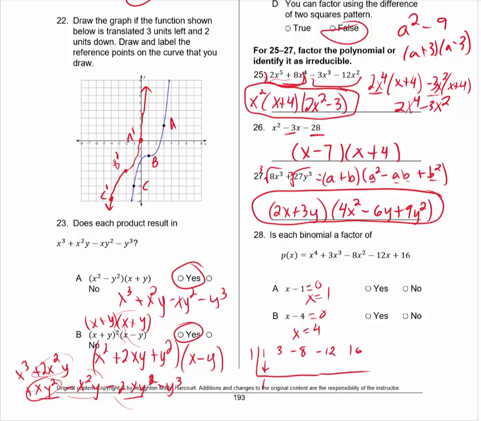So drop the 1, multiply, add, multiply, add, multiply, add, multiply. This one does work because I get 0 for my remainder. Let's try it with 4.